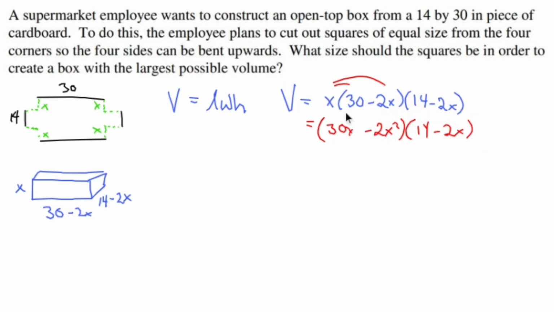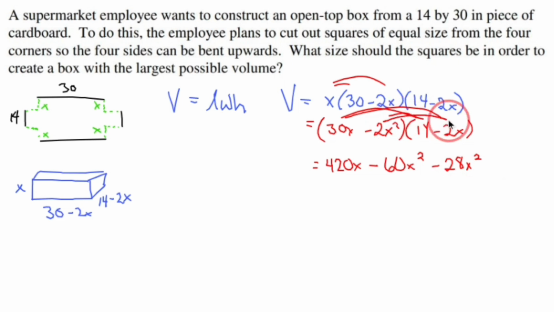All right, so 30 times 14, that's 420. So we've got ourselves 420x. 30x times negative 2x is minus 60x squared. Negative 2x squared times 14 is going to be minus 28x squared.